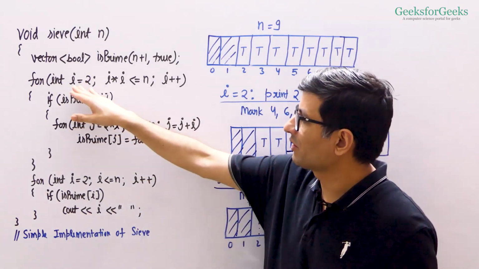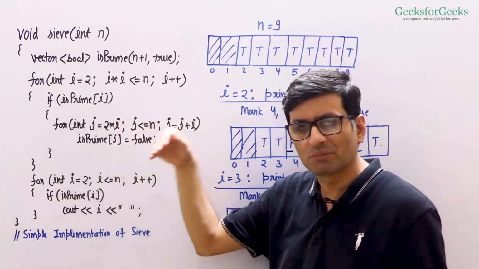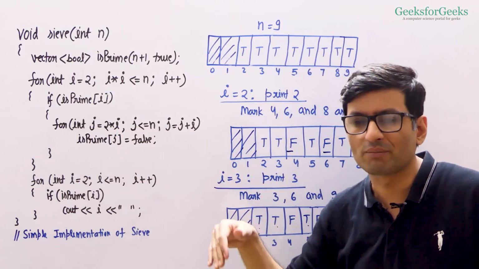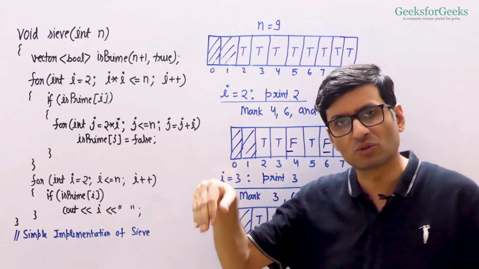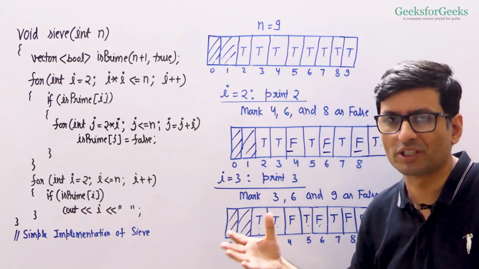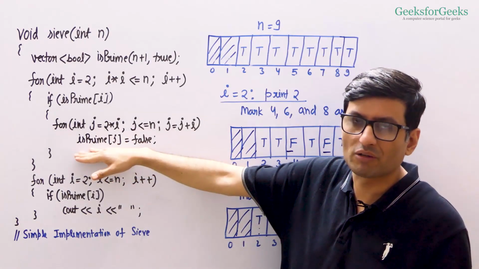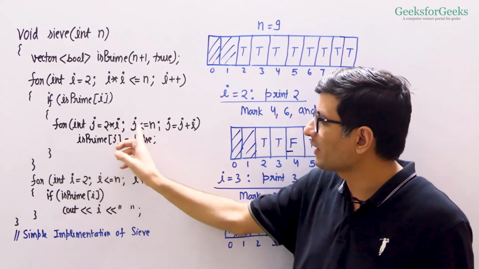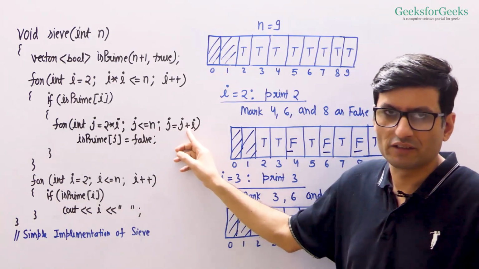So we are considering from 2 to square root of n, and for every value of i, we are simply going through all the multiples of it and marking them as false, right? Because it's one of the smaller factors, we go through all the multiples and mark them as false, because these are composite numbers, they're multiples of i. So we begin with 2i, then we go till n, and then we do j equal to j plus i, right?